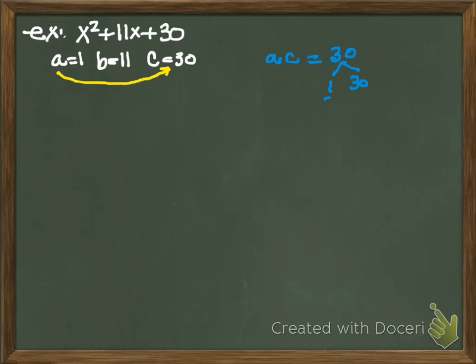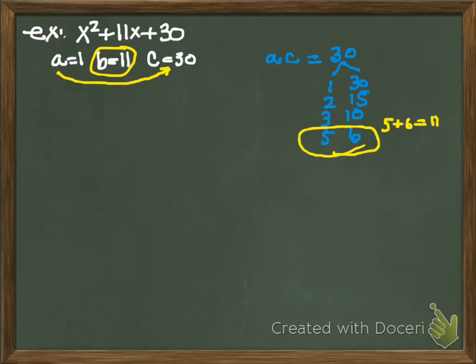Then, we're going to find the factors of 30 whose sum is 11. So let's choose 5 and 6. 5 plus 6 is 11, which is our middle coefficient. b is 11.